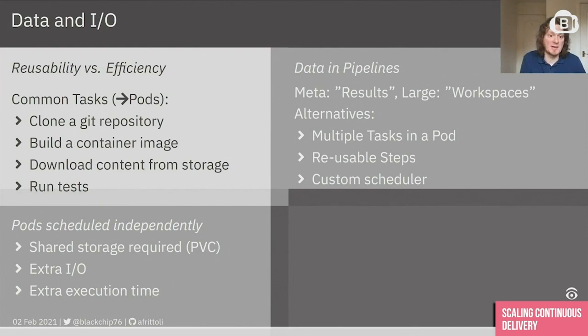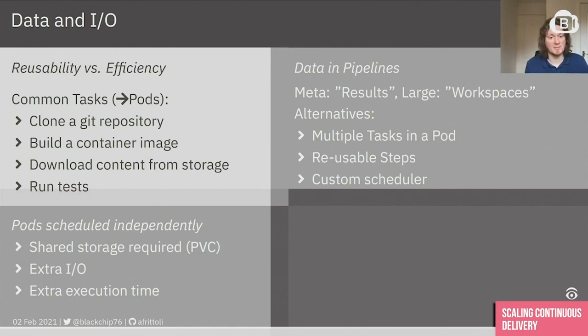Common tasks are things like cloning a Git repository, building a container image, downloading some content from an object storage, running some tests, and things like that. But if you want to do something very common like cloning a Git repo, building a container image from it, and running some tests, these are different tasks that may end up running on different nodes in your cluster because they're different pods.